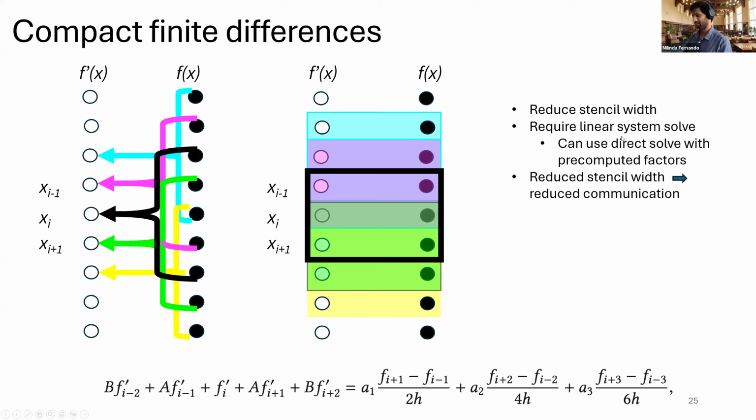But we can pre-compute the inverse of these operators and reuse it again and again. So this can be done with a prefactored cost, and it requires application of smaller dense matrices with reduced bandwidth, reduced width of the stencil.